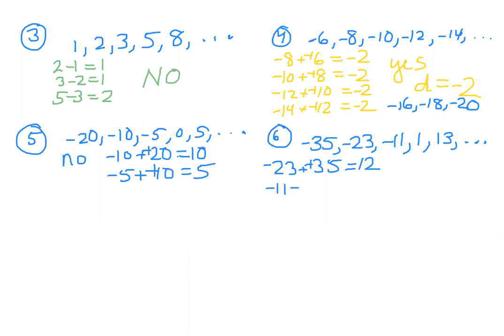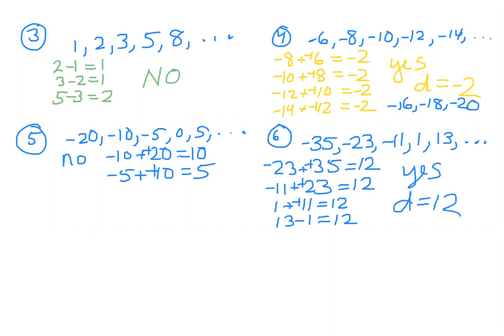Negative 11 minus negative 23 is 12. 1 minus negative 11 is 12, and 13 minus 1 is 12. So yes, it is arithmetic, and D equals 12. So the next terms are 25, 37, and 49.